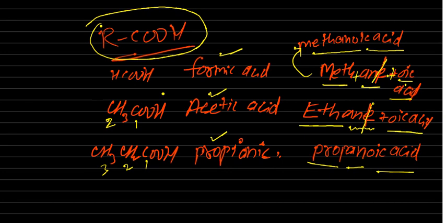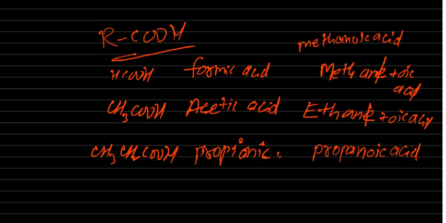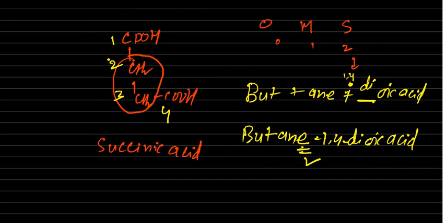Suppose 2 carboxylic acids are there in the same compound; in that case you have to give the numbering 1, 2, 3, 4. You can see here.